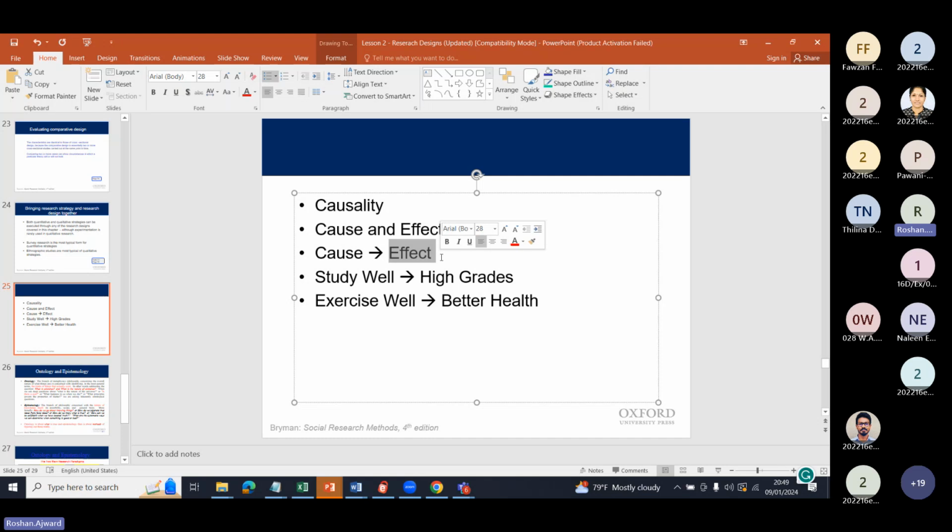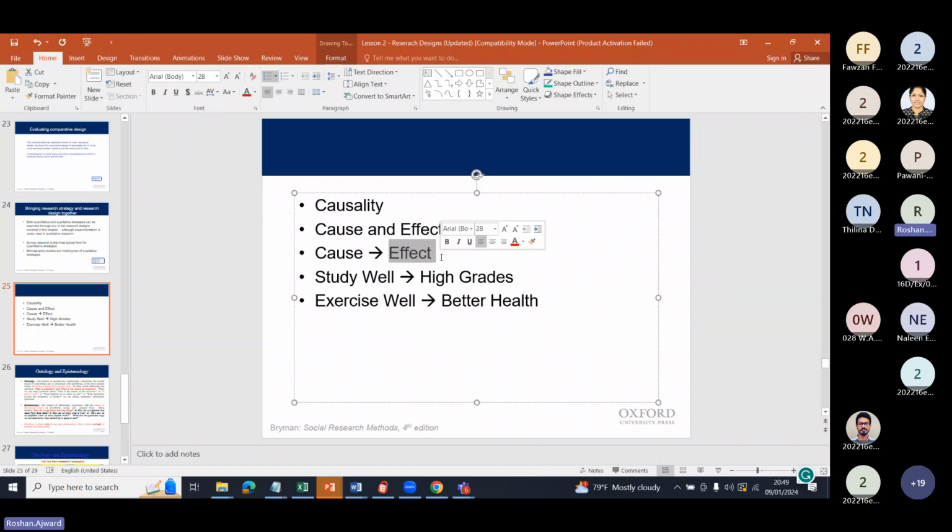Now, my question is, in cross-sectional design, can you check the cause and effect? Can or can't? In fact, you can't. Why?